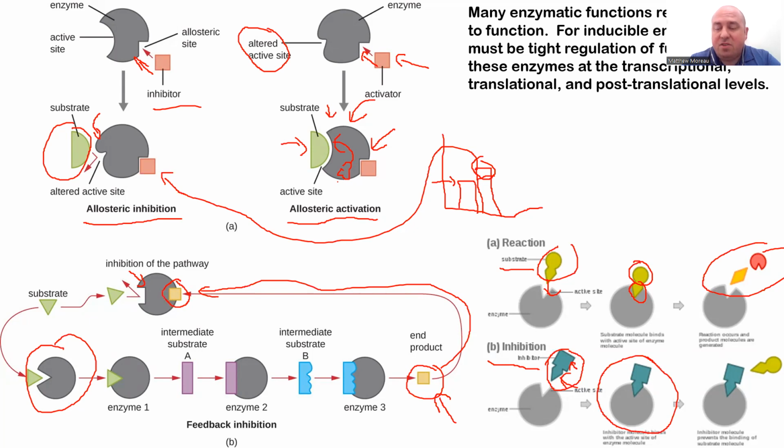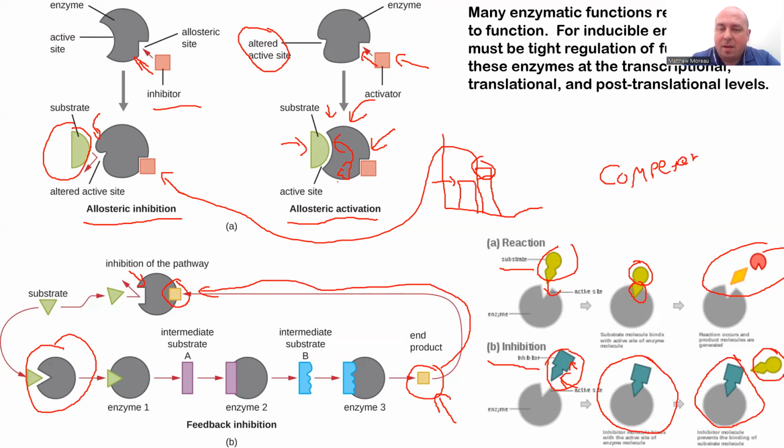But because of the change in structure or the change in the chemical composition of the substrate, it cannot be chemically modified. And therefore, this molecule continuously sits in the active site, preventing or occluding the actual substrate from binding and being chemically modified. This is an example of competitive inhibition.